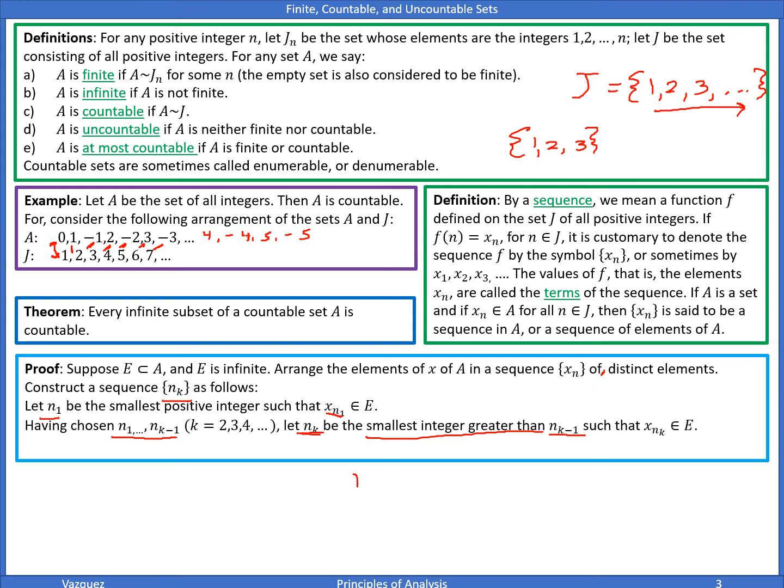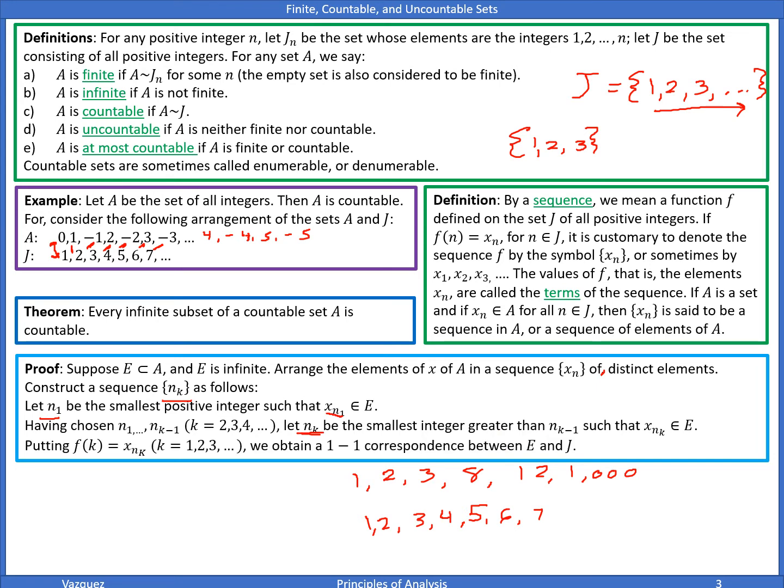For example, if I was constructing the sequence of positive integers, I wouldn't just go to 8 and then 12 and then 1,000. I would go 1, 2, 3, and then the smallest integer greater than 3, so not 8, but 4. Then the smallest integer greater than 4, 5, and this way I just go in order. So that's what this subsequence is doing.